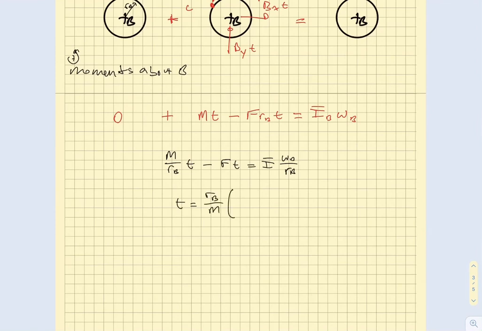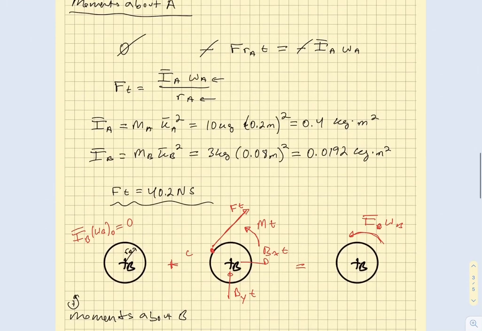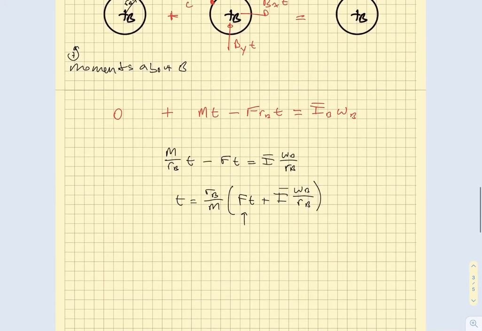And if we solve for T here, we have T is then equal to RB over M multiplied by Ft plus I bar omega B over RB, right?